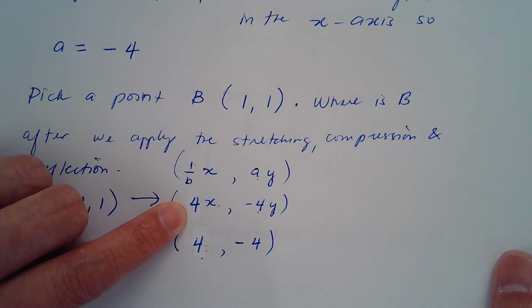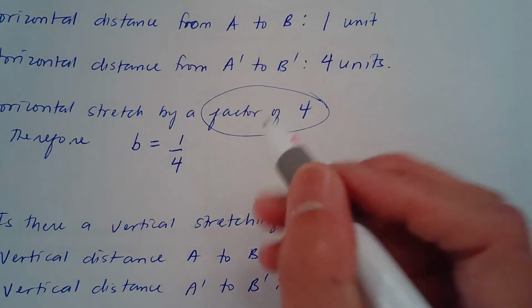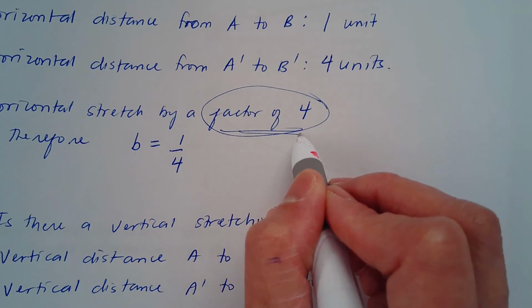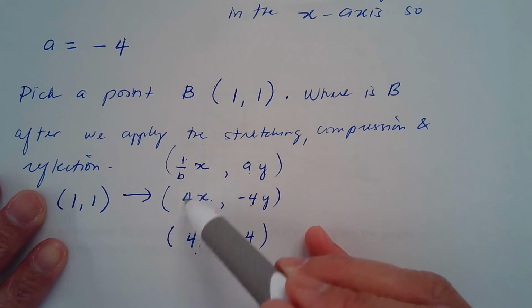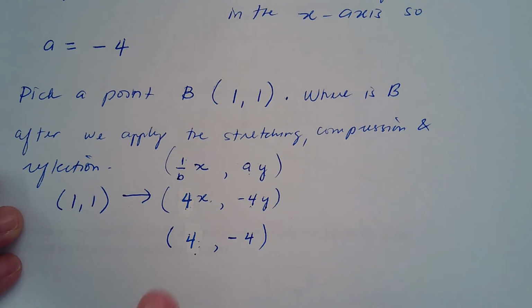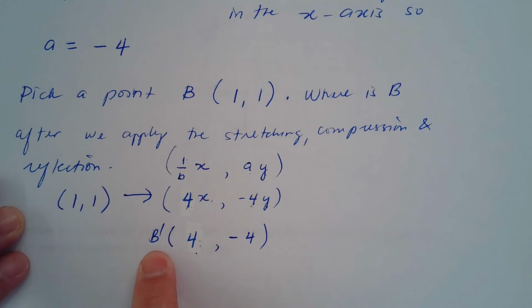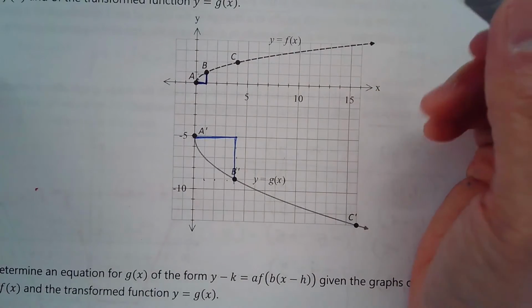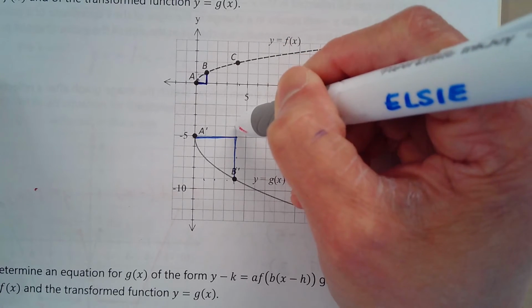Is that okay? Is that good? Because we said the factor of 4 at the beginning, so B is 1/4. So if we put 1 over 4, it's going to be 4. So the new B prime is now at 4, negative 4.